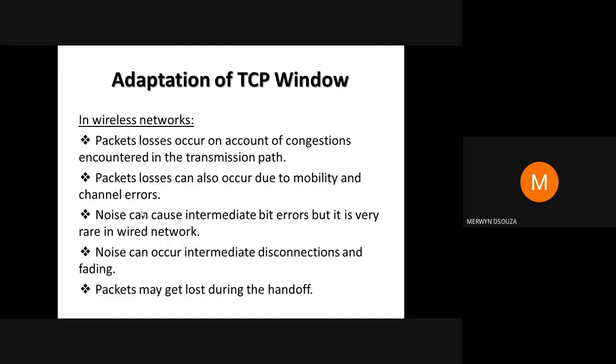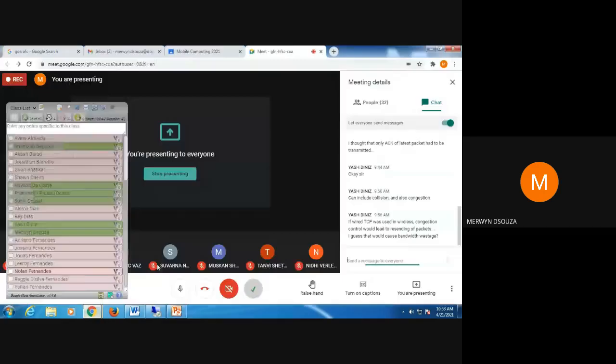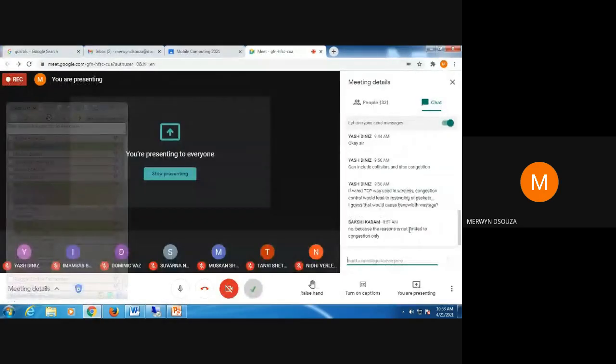I showed you the reasons for loss of packets in wireless networks. So can the same TCP be used?